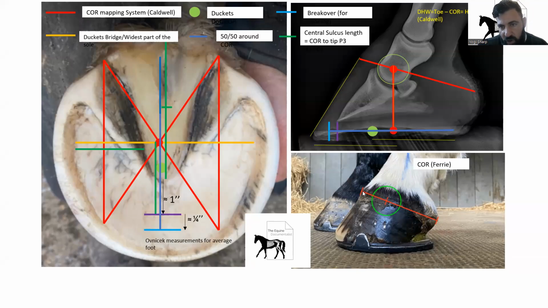He showed that if you split the hairline into three, the first third from the toe shows you the position of the center of rotation. So it shows you where this is. So then we can make assessments of our shod hoof balance around the center of rotation from a lateral photo.